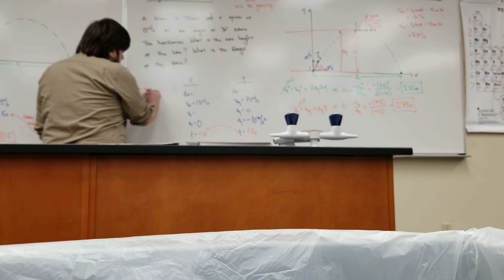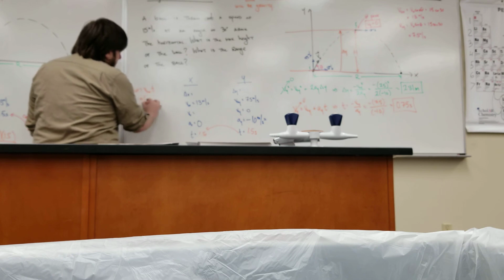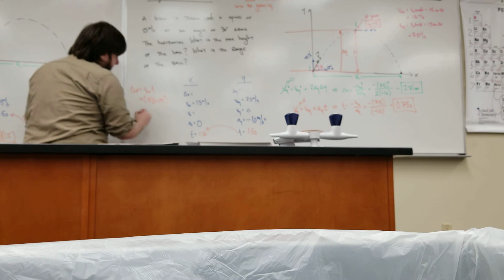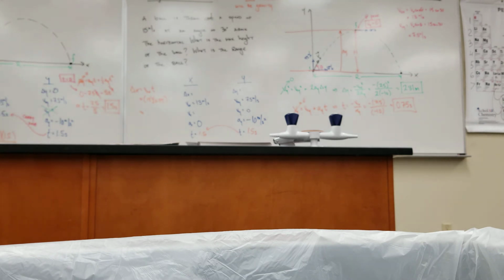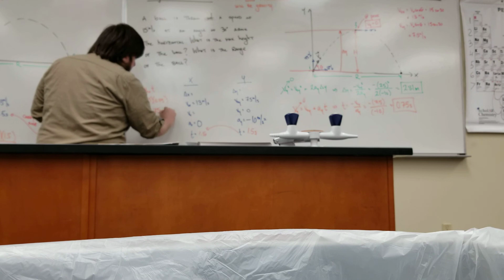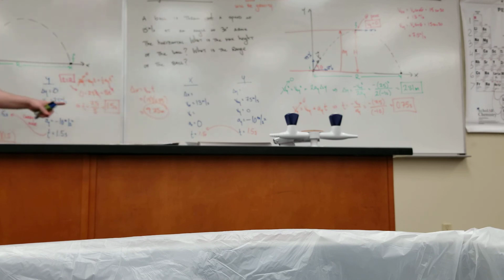Delta x is v naught x t, which is 13 times 0.75 seconds, which is 9.75 meters. 9 times 2 is 18. 0.75 times 2 is 1.5, so 19.5.